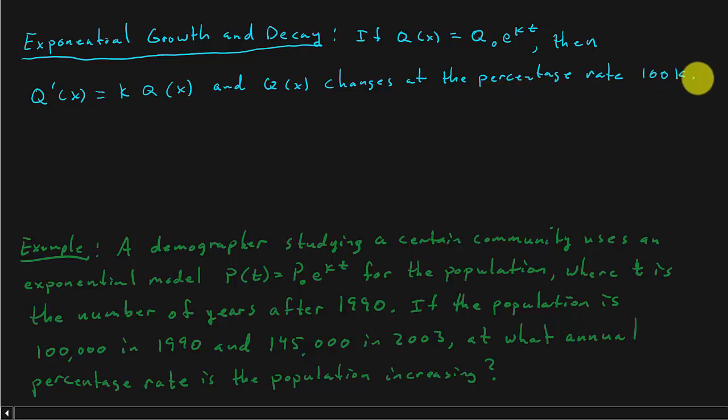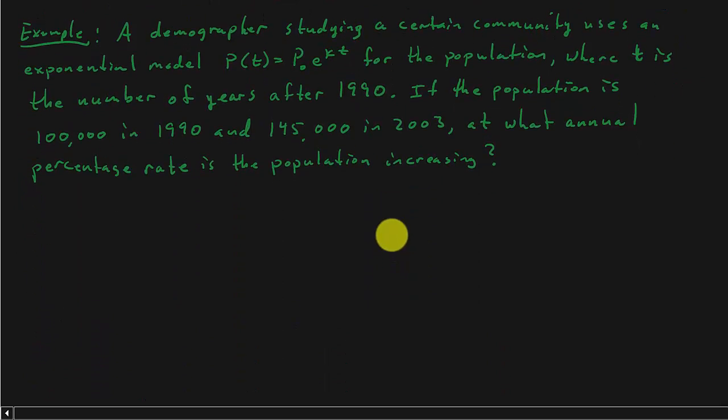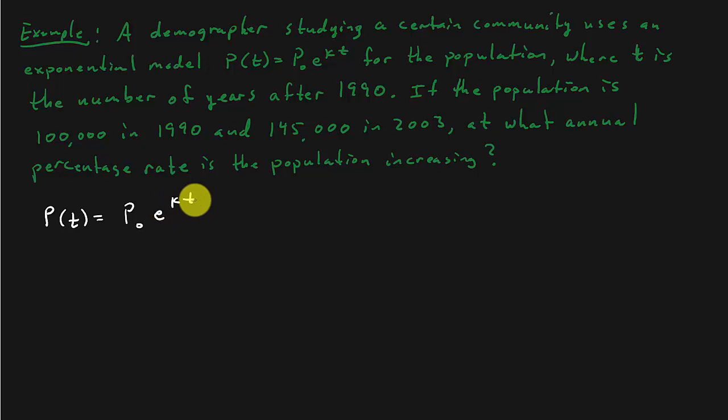All right, so it says a demographer studying a certain community uses an exponential model, and it tells us P of t is equal to P naught e to the kt for the population where t is the number of years after 1990. If the population is 100,000 in 1990 and 145,000 in 2003, at what annual percentage rate is the population increasing?